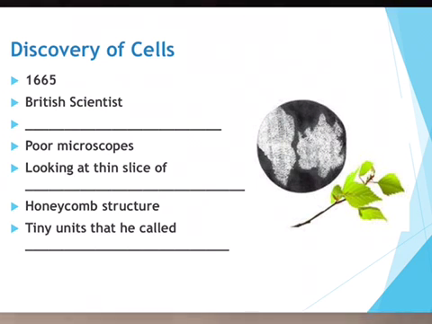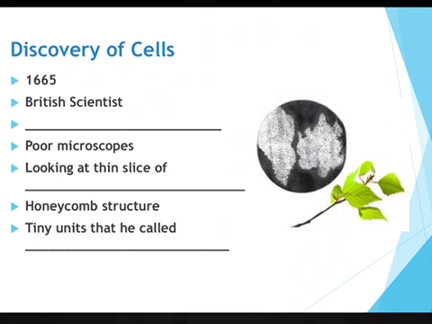So, a little history. When we look at the discovery of cells, we have to talk about a British scientist by the name of Robert Hooke. Back in 1665, the microscopes weren't of very good quality.